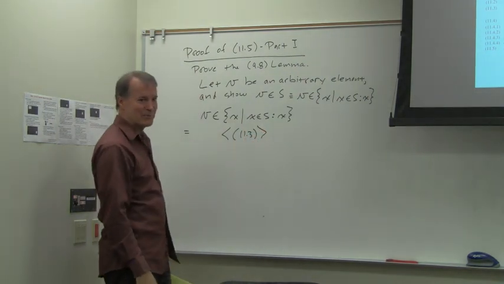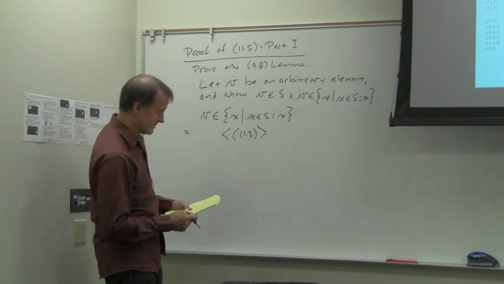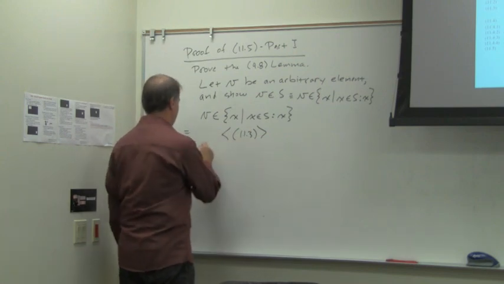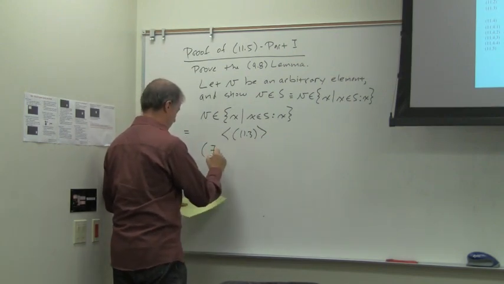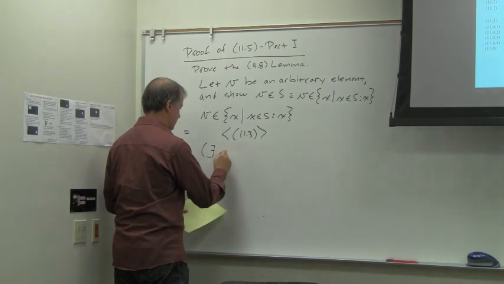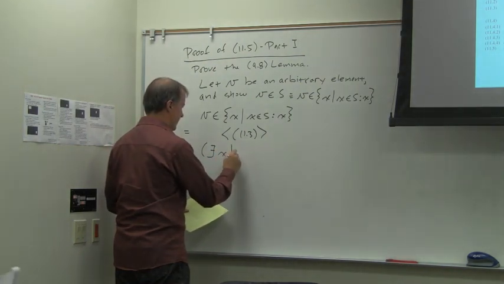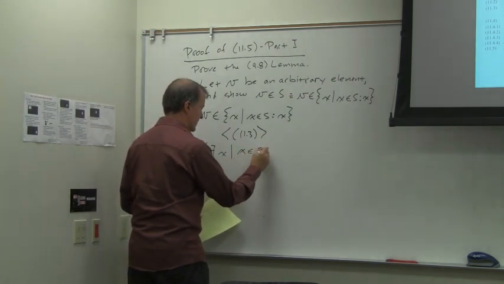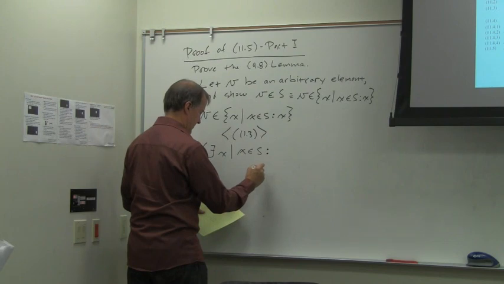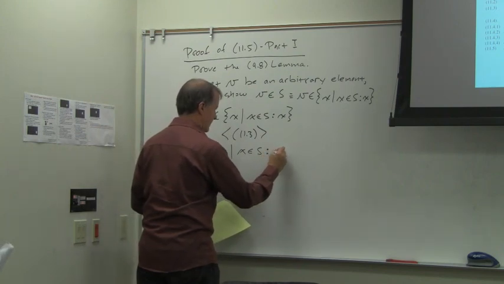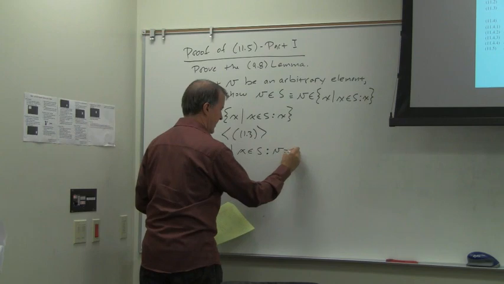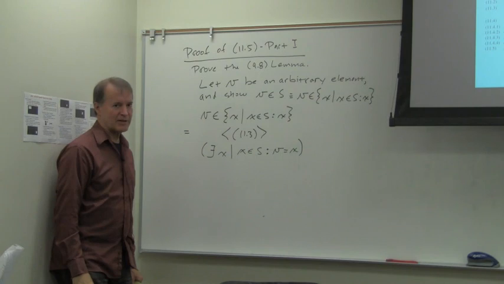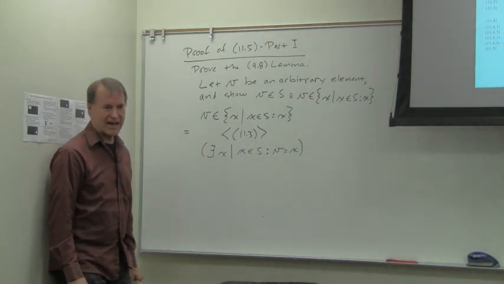So 11.3. Now, Ben, you want to go next? What does 11.3 say? It says there exists an X, range X is an element of S, body V equals X. Is everybody with me on that?